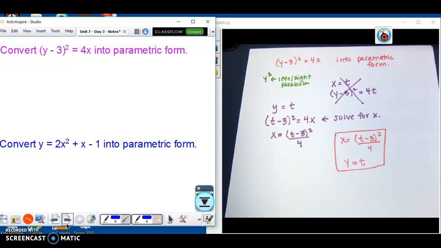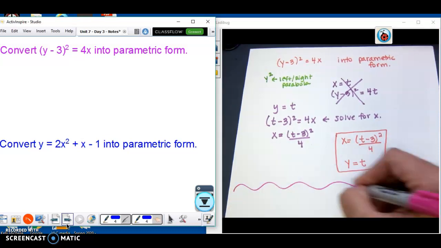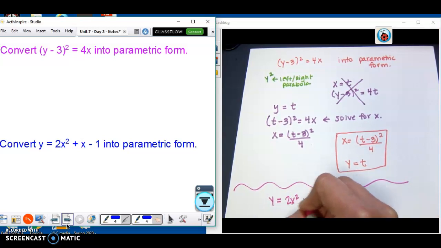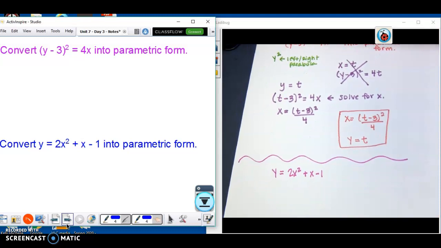Alright, so we're going to do the same kind of thing on the next one. So for the next one, this is a parabola here. It is in just rectangular, regular form.